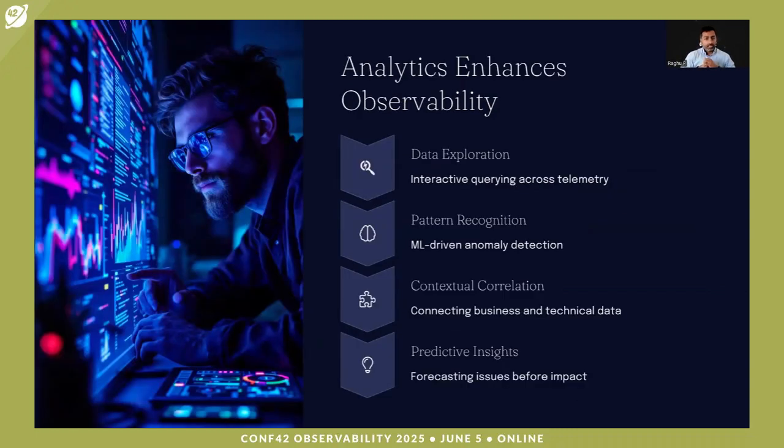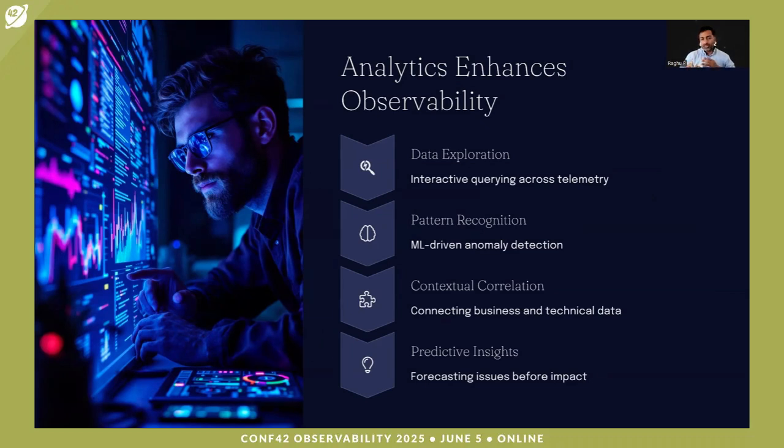Now, observability is critical for understanding complex systems and identifying issues before they impact the business. Analytics capabilities like interactive data exploration, machine learning driven anomaly detection, and predictive insights can significantly enhance observability. Data exploration allows you to query across all your telemetry data to uncover hidden patterns and trends.